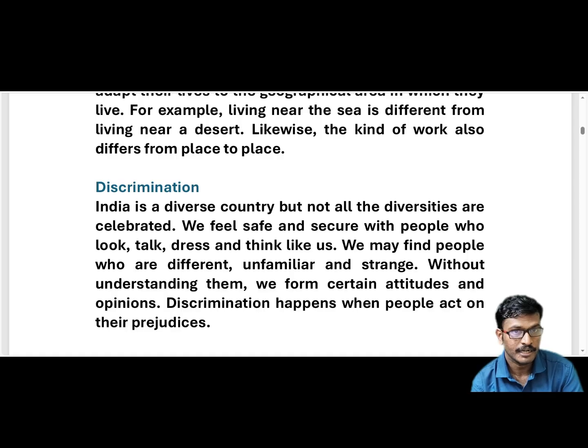Here it means the same mind, the same thinking. If a person is like that, we will feel safe and we will be able to speak to them freely without hesitation. And if we want to talk with someone unfamiliar, not known to us, a stranger, we can't talk freely with them.